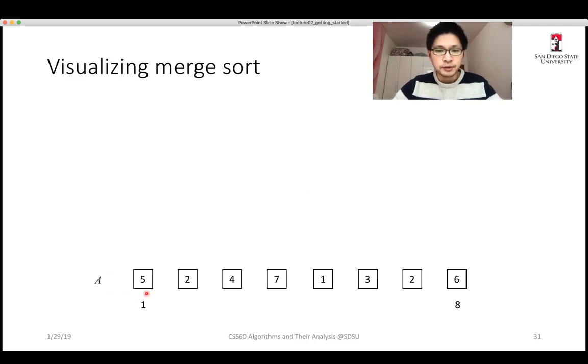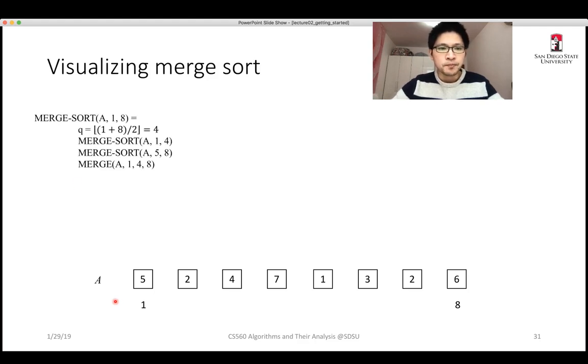If the input array has 8 elements, from index 1 to index 8, and we want to sort the whole array A, we call merge sort A, 1 and 8, where 1 is the starting index and 8 is the ending index.